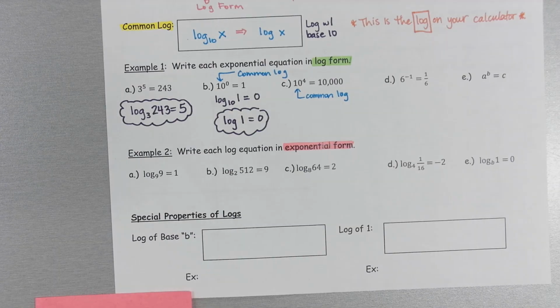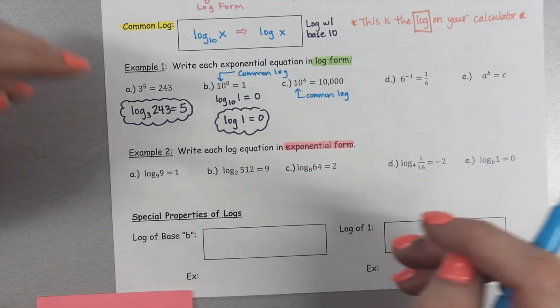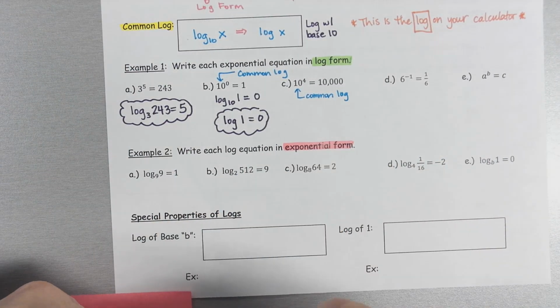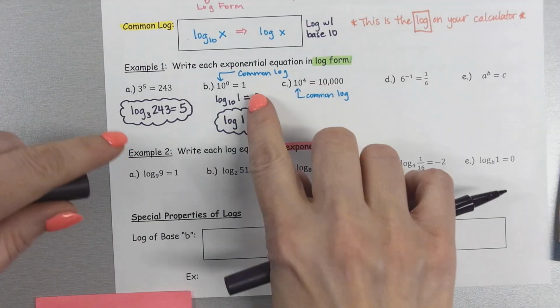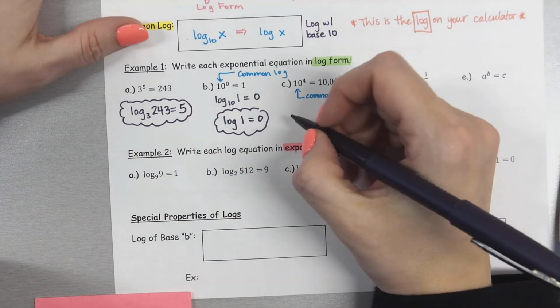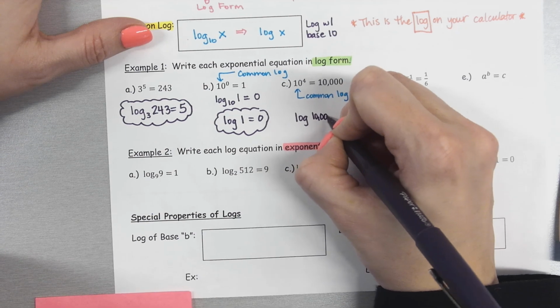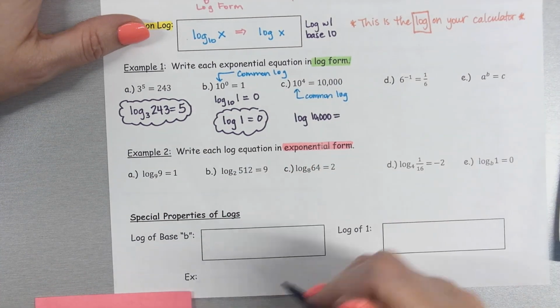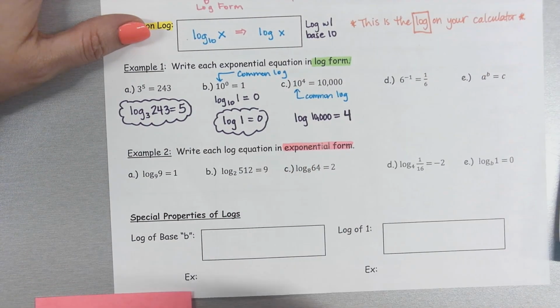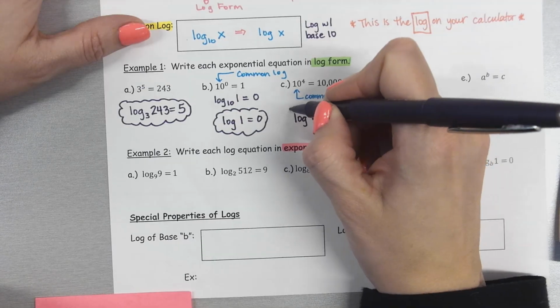If it's the base of 10, you don't have to include that. And it's fine if you don't even write that first step. If it's log base 10, you can just write it as the log of 10,000 is equal to 4, your exponent.